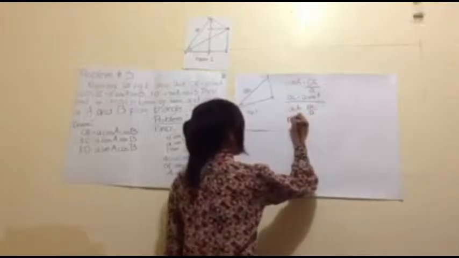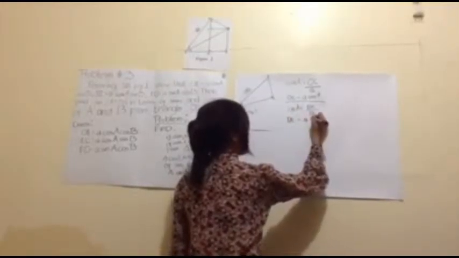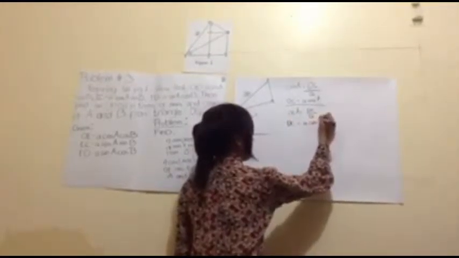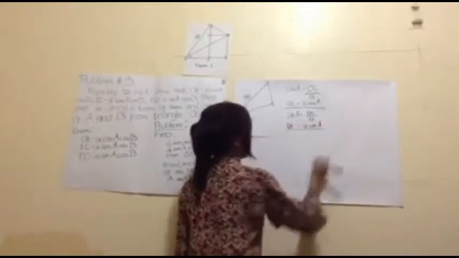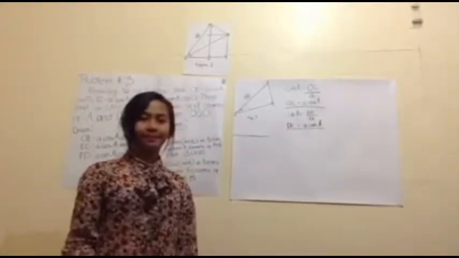Now, DC becomes A times sine A. That is our second value.